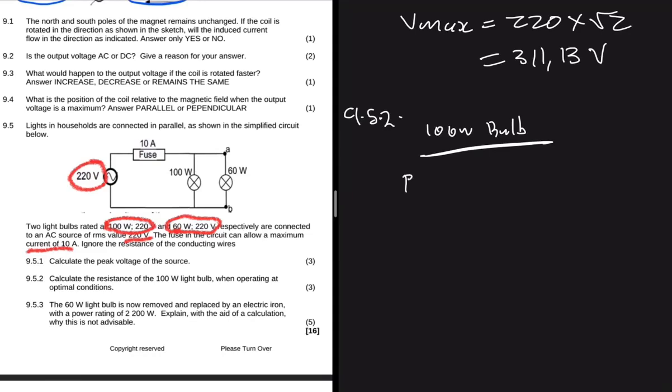So we already know that the average power will be equal to 100 watts. What else do we know? We know that it needs 220 volts, right? Because that's given on the rating. So here we're gonna have VRMS being equal to 220 volts.